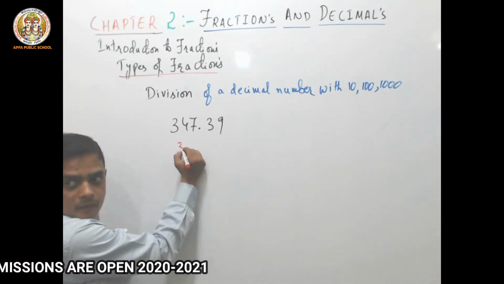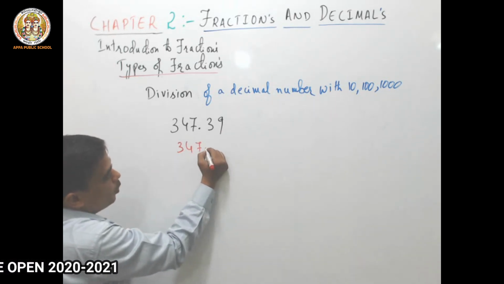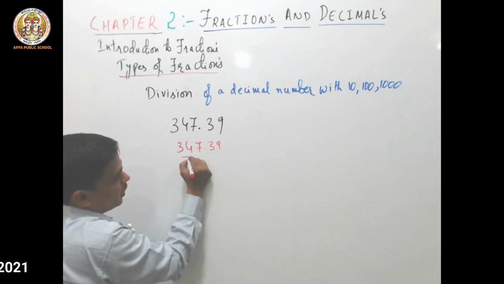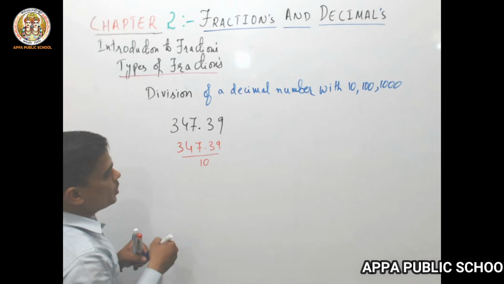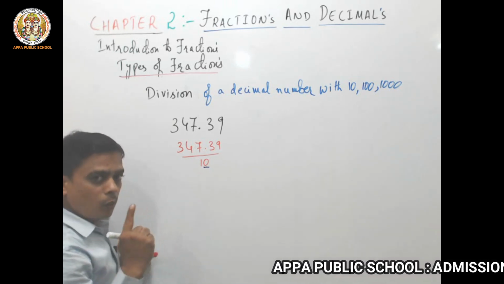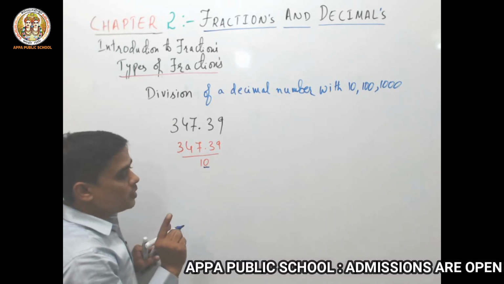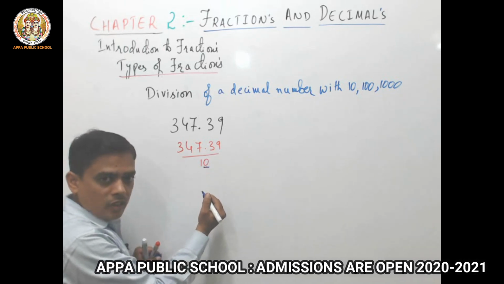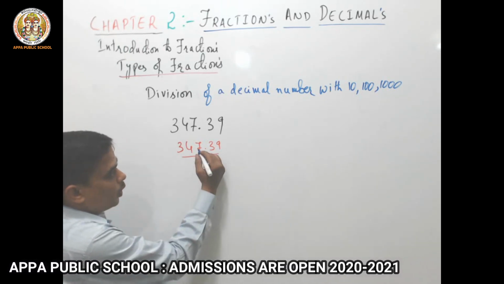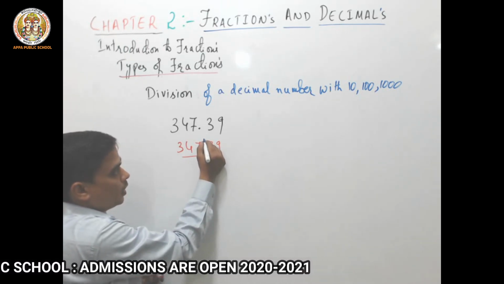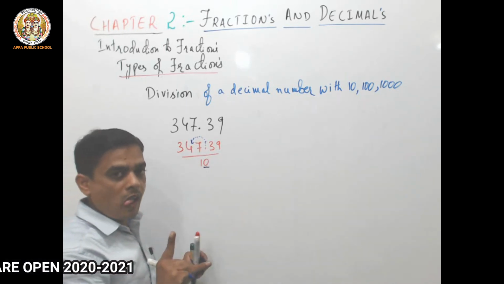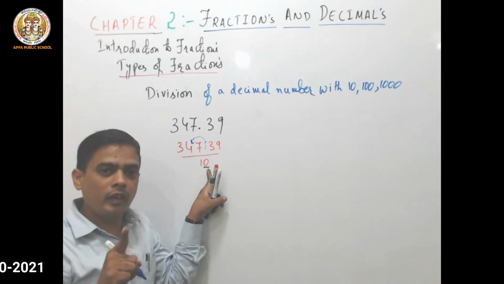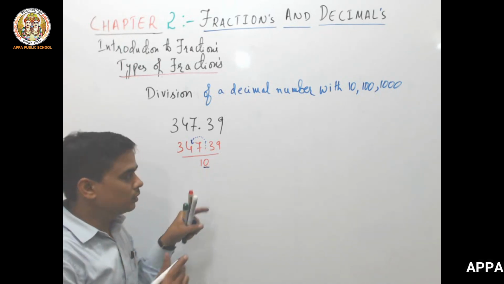347.39 divided by 10. See here, in the denominator how many zeros are there? Here there is only 1 zero. So what do you have to do in case of division? This will be the reverse. You shift this decimal point towards your left by only one position. Why? Because in the denominator we have only 1 zero, 10.